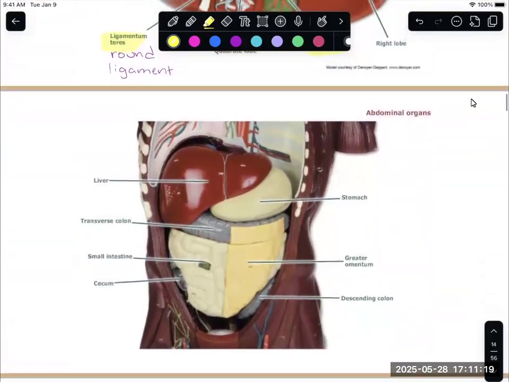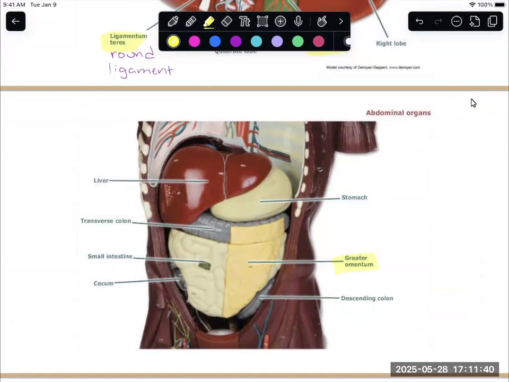In this picture, I included it because we can see the greater omentum. The greater omentum is what covers that large intestine, small intestine. It covers a lot of that abdominal area. It sits right in front of a lot of those abdominal organs.